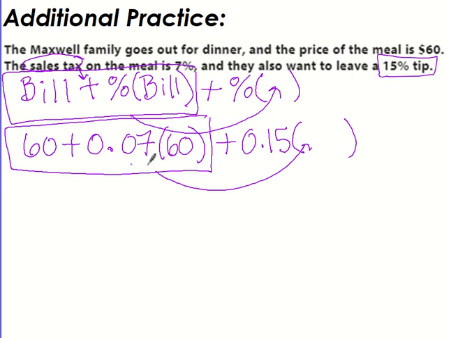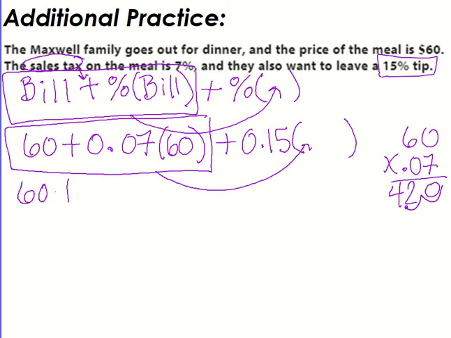So let's do this first part, this multiplying of 60 times 0.07. So 4.20, and then 2 decimals. So 60 plus $4.20 is $64.20.